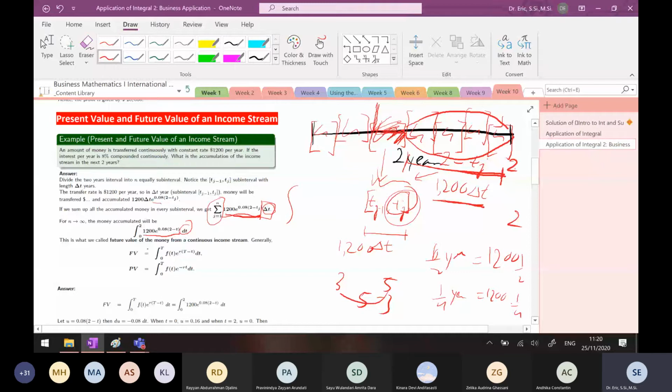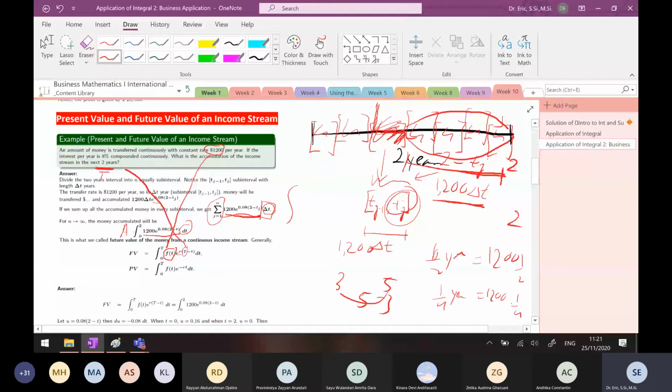Okay, so in general, you can just memorize this. If you want to find the accumulated or future value, it is given by the integral from 0 until the time T, where T is the number of years, of the income stream f(t), times e to the power of r times (T minus t).